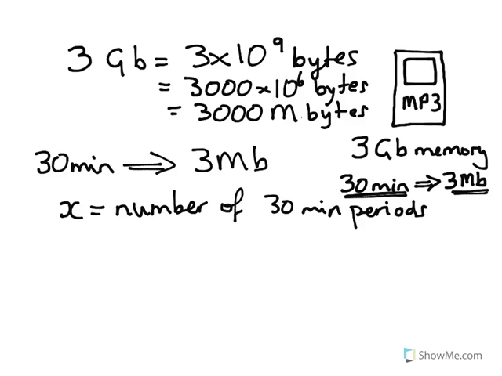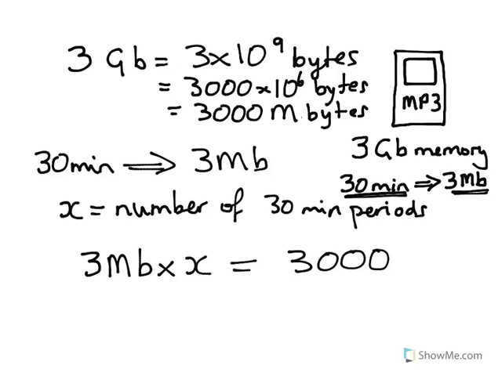If x is the number of 30-minute periods, then we can play 3 megabytes for every 30-minute period. So let's say we have x of that. And if we want to use up all of the megabytes, then that would be equivalent to 3,000 megabytes.